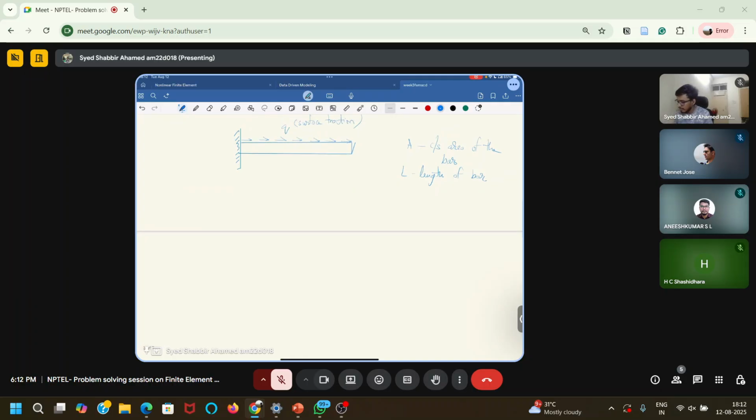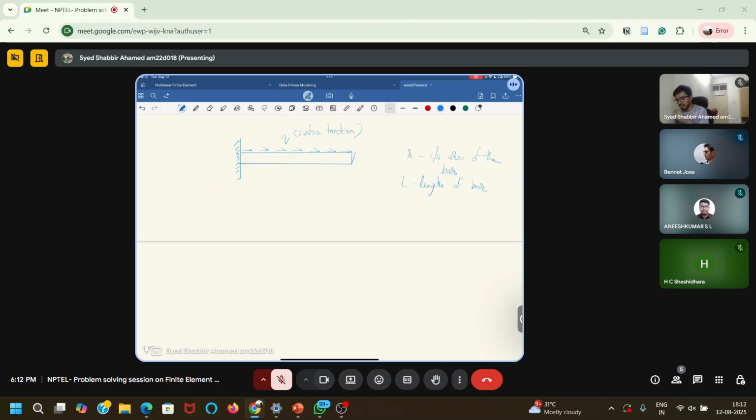So if you want to find out the mathematical model of this bar, you can take a simple small element, a small element of length dx, and you take some kind of reaction forces.